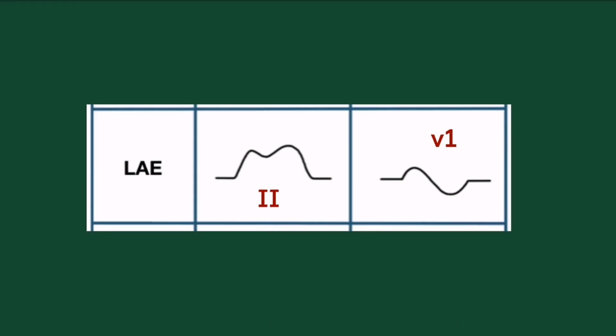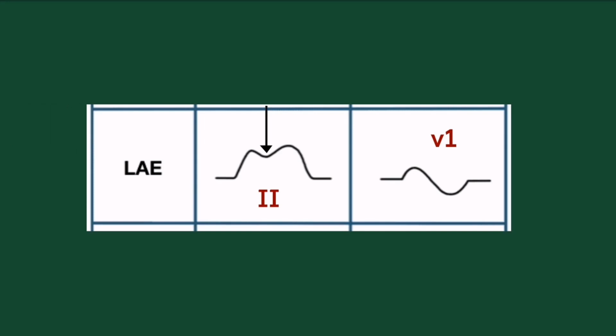However, occasionally, especially in the limb leads, it will be bifid. The difference between that morphology and that of left atrial enlargement is that left atrial enlargement would have an abnormally wide P wave as well, and the peaks will be separated by at least one small box.